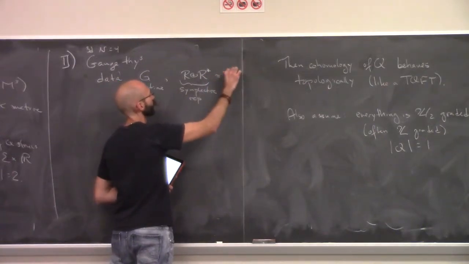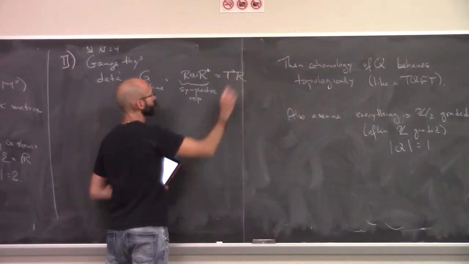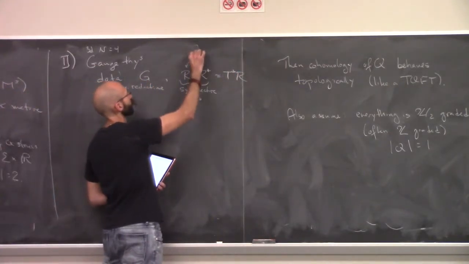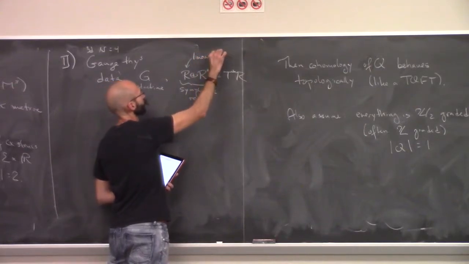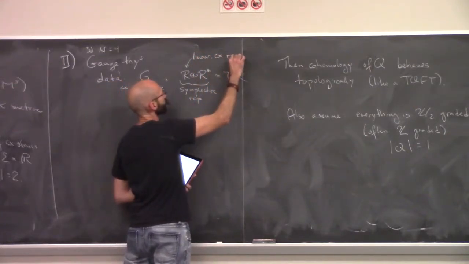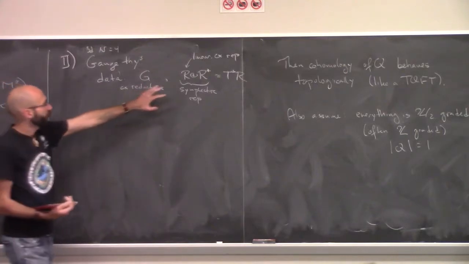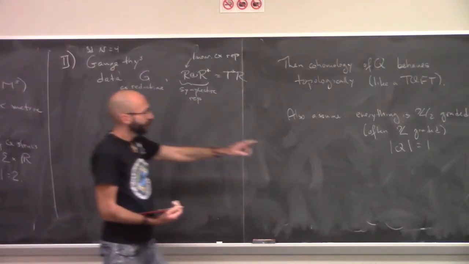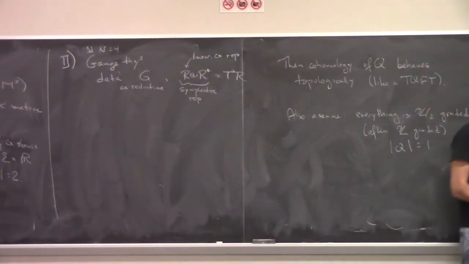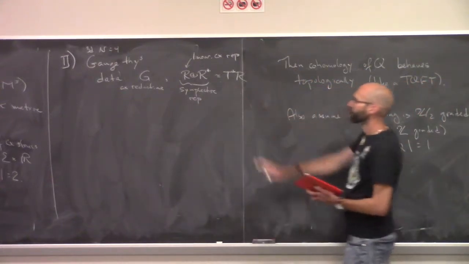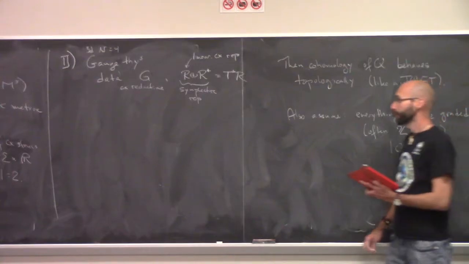Or the cotangent bundle of R, where R is just some linear complex representation. I can generalize gauge theory to pair it with sigma models. The nicest targets that I can put here are cotangent bundles of something that's not linear. And so that works as well. I'm, for now, doing this to keep everything simple.